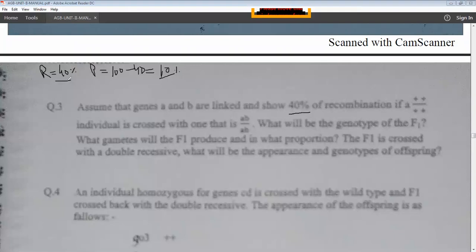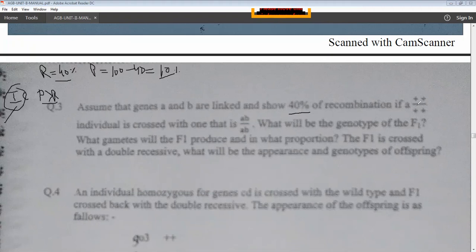So from this data, if the parental form is higher than the recombinant form, then this is the situation of incomplete linkage, where the parental form is more than the recombinant form. So from this first line, we can infer that it is a kind of incomplete linkage.